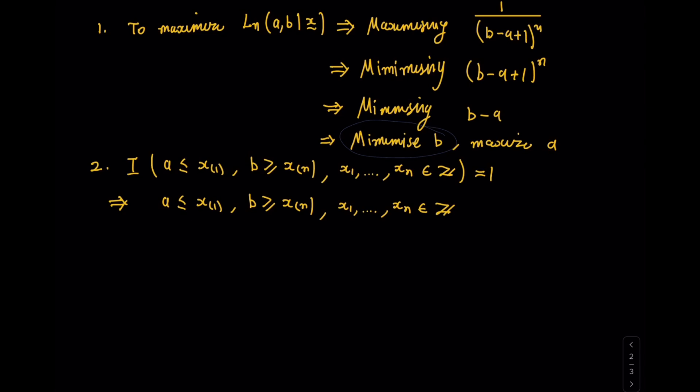Now, if we need to minimize b, and we know that b at best has a lower bound of xn, that means we can set our maximum likelihood estimate to actually be equal to the lower bound.